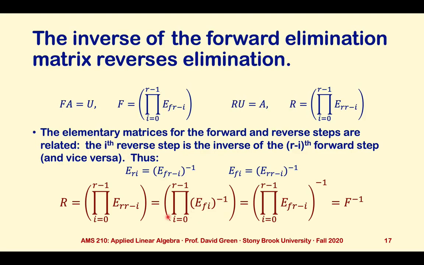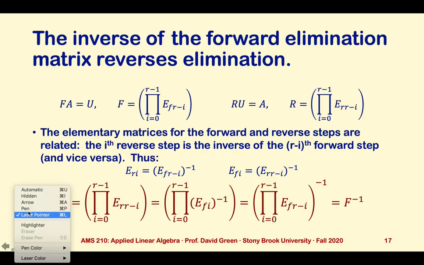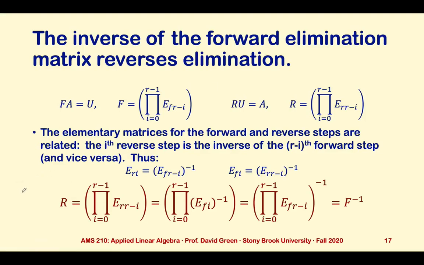Now, because of the rules of matrix algebra and how the matrix inverse propagates into a product, remember that AB inverse equals B inverse A inverse. This product of inverses of matrices can be converted to an inverse of products of matrices where we have to swap the order again.